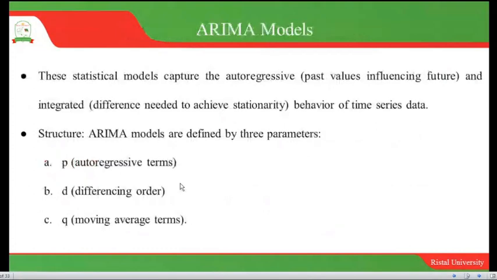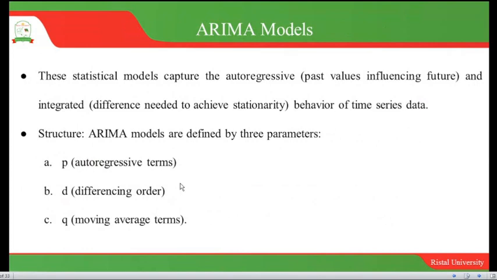Then we have what we call the ARIMA method. It's an abbreviation for autoregressive integrated moving average. We are saying this kind of model is going to capture past values, and these are going to influence the future.